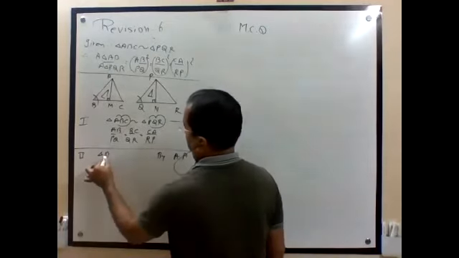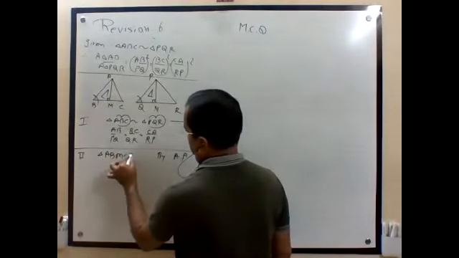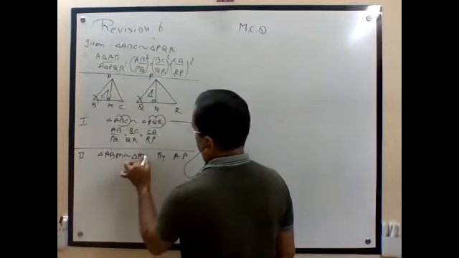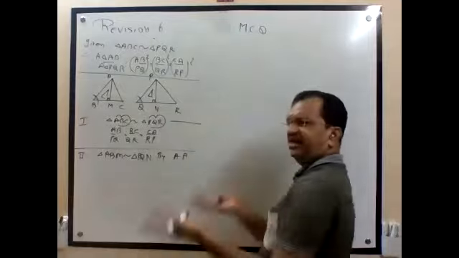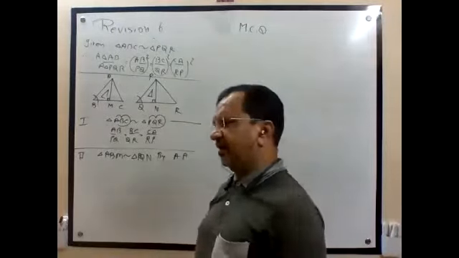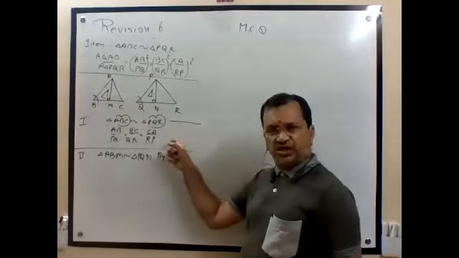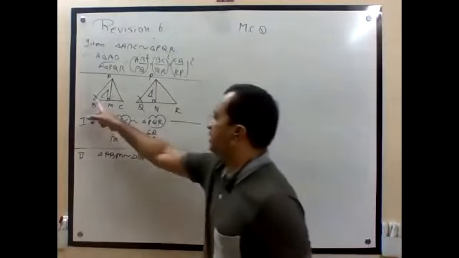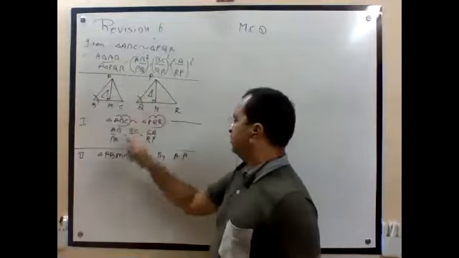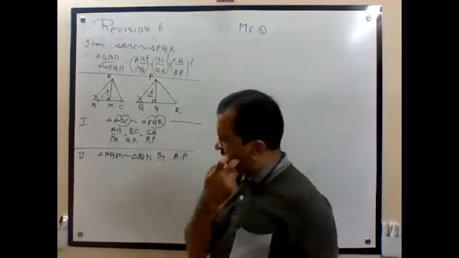Which triangles? ABM and PQN. Any one side you can take for the triangle. This is given, so you can write the ratio. Then you have to prove that this and this are equal, this and this are equal. Therefore, two triangles are similar.